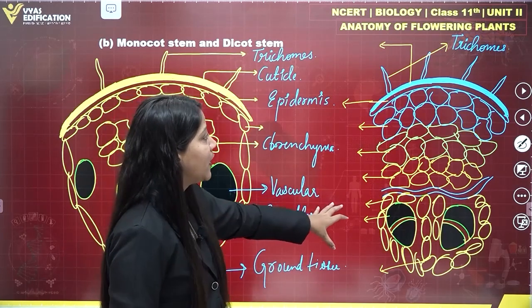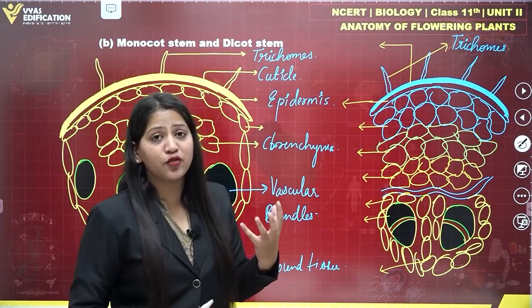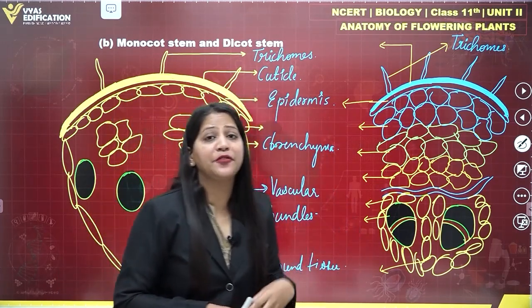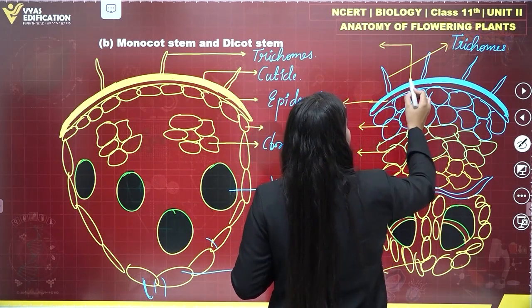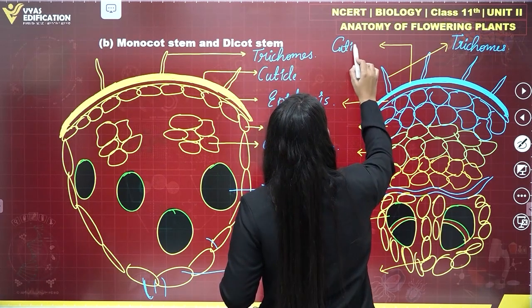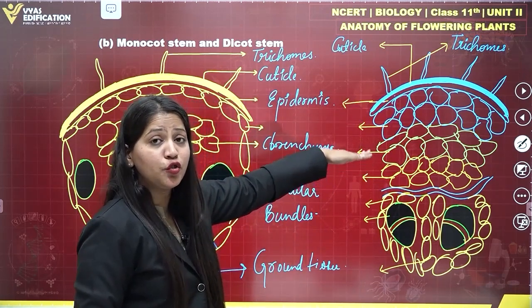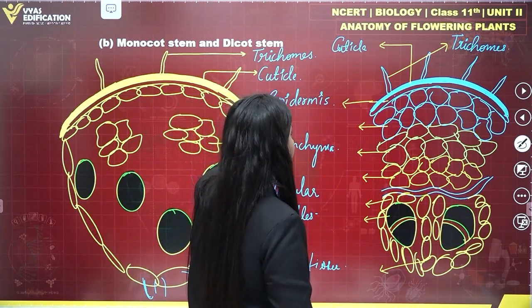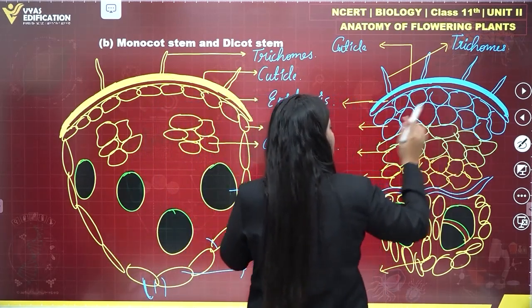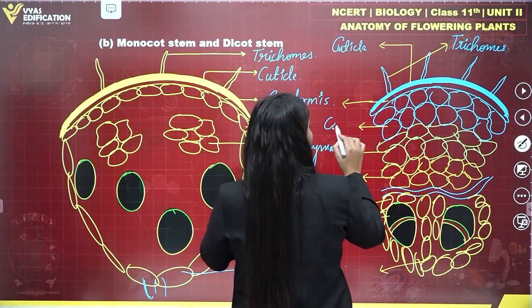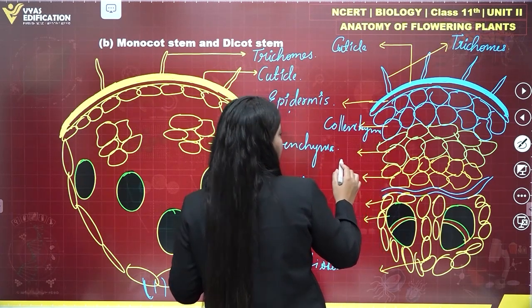Now let's talk about the labeling of dicot stem. In the dicot stem also we have trichomes, which are hair-like structures. Then we have cuticle, the first layer here. Then the second layer next to cuticle is epidermis. Then we have this layer as collenchyma, and this one layer is chlorenchyma.